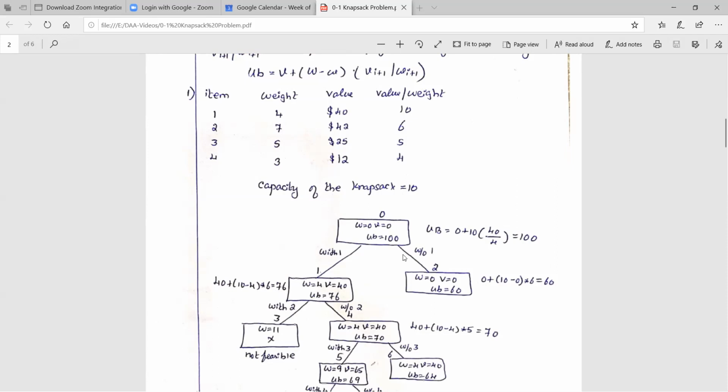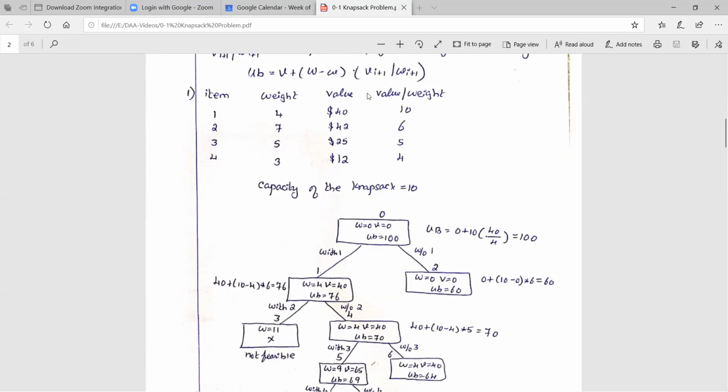Now here, without 1, we are not including the object 1. If we are not including object 1, what will happen? The weight will be 0 and the profit will be 0. So the upper bound value will be 100.